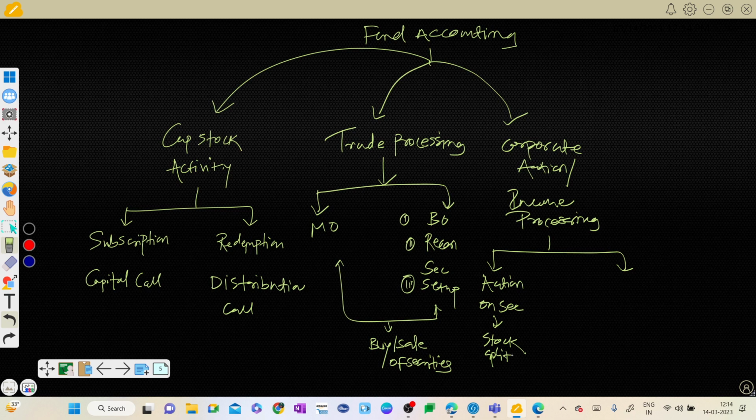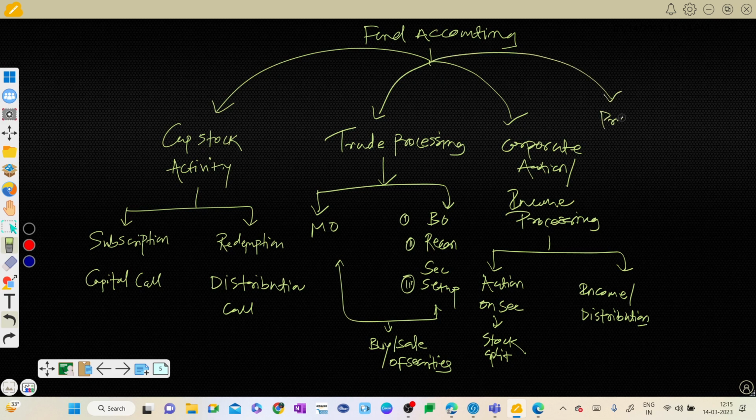Another would be income distribution. So that comes under your corporate action. Income means your interest, including interest payment and other components as well. Under that particular activity we'll definitely see that.